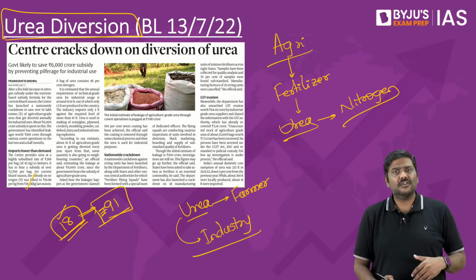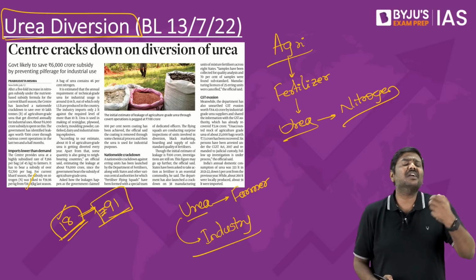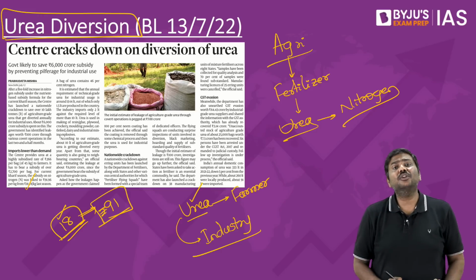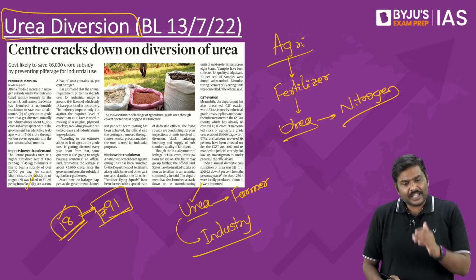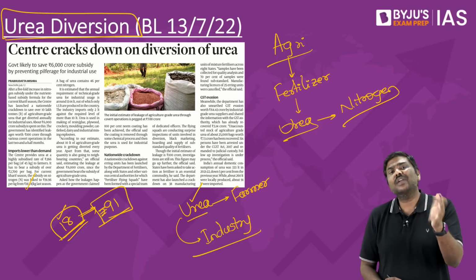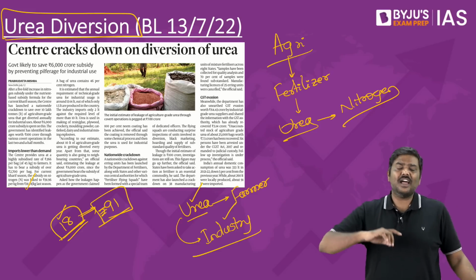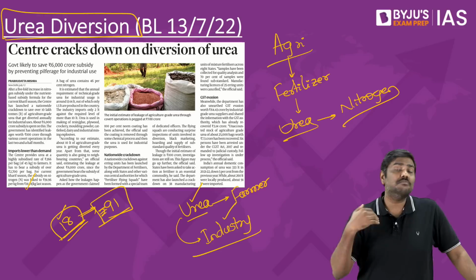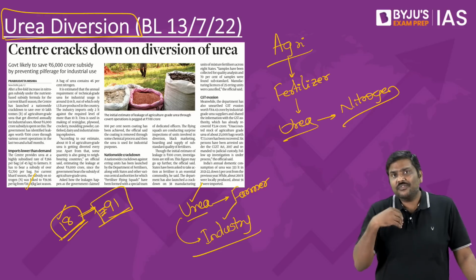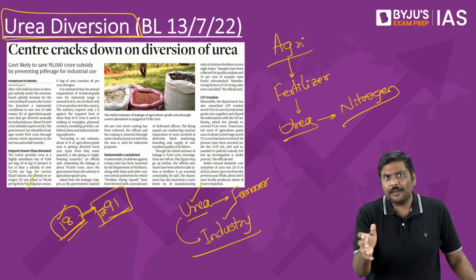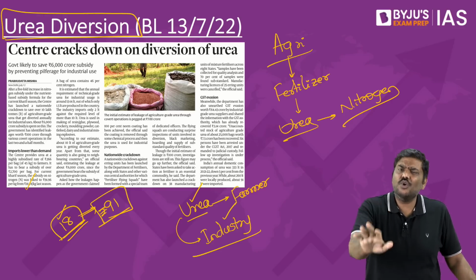A lot of industries, for example, explosive industries, chemical industries, they require nitrogen or urea. So there would be a diversion, and the diversion would happen for a very simple reason. When the industries purchase urea, they will have to pay unsubsidized or market price. Whereas when the farmers get access to urea, they are given the urea at a huge amount of subsidized prices.